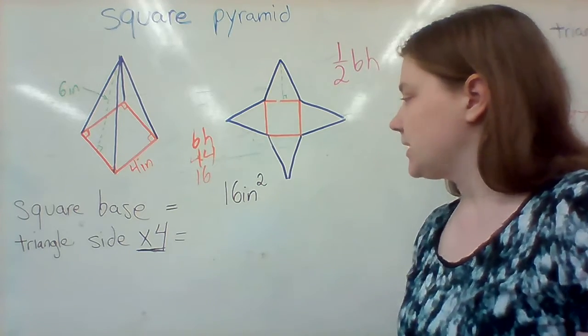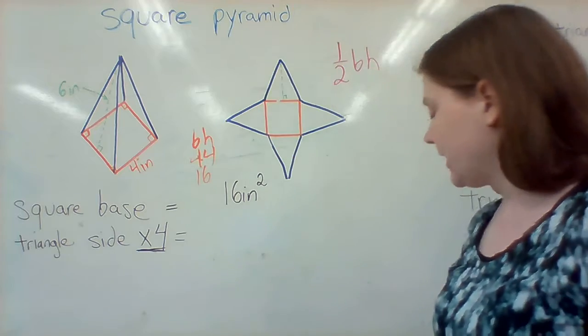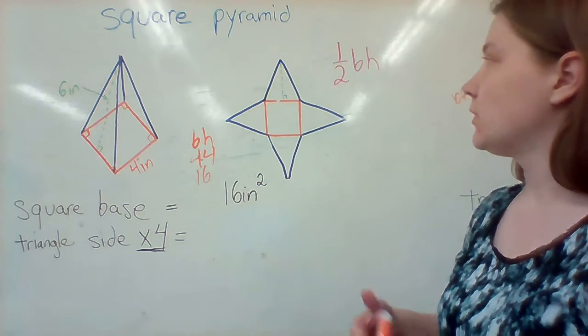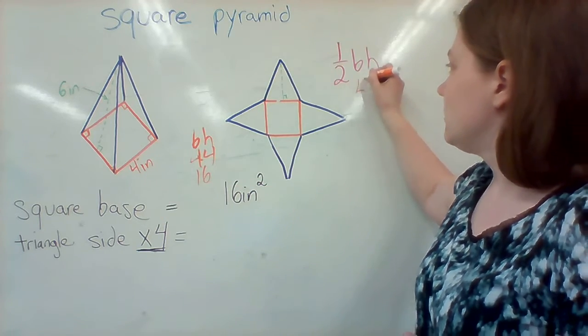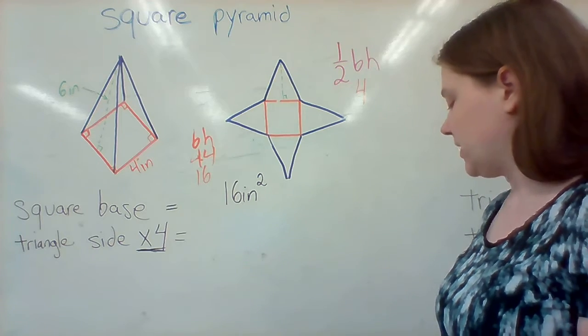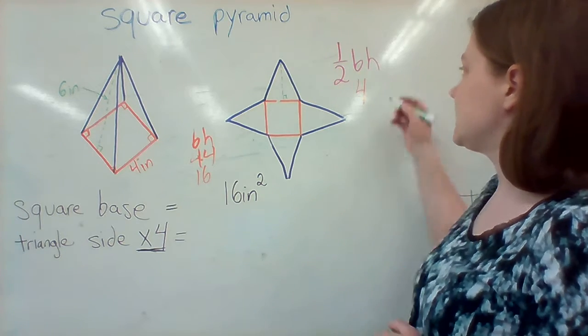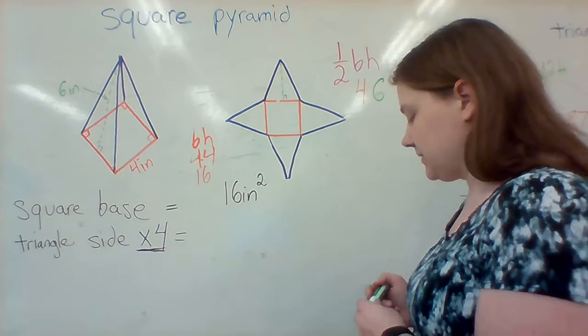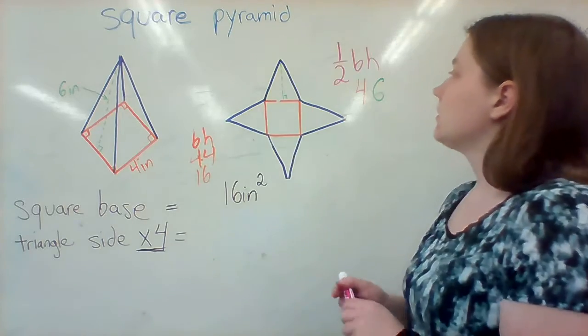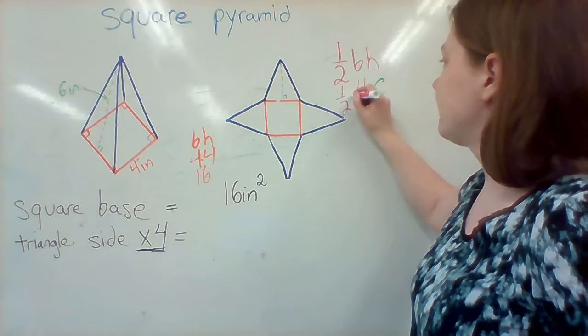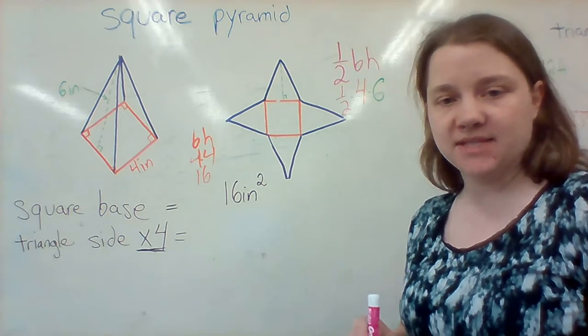So, we are going to plug in that 4 for the base, and we're going to plug in that 6 for the height, and then we're going to put half times 4 times 6.